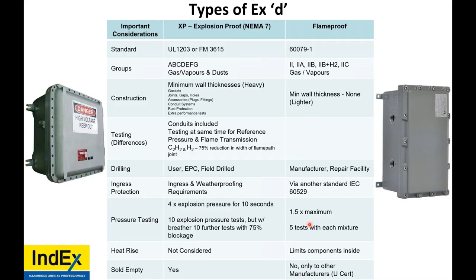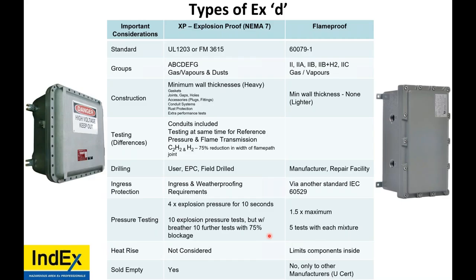Well, it's 1.5 times the maximum for flameproof, while it's 4 times for explosion proof for 10 seconds. Now, for flameproof, there's 5 explosion tests done with each different gas mixture, 2A, 2B, 2C. Yeah, they choose the most dangerous gas and test at that. If it's good for 2C, it's good for 2A, 2B, and all the other considerations.